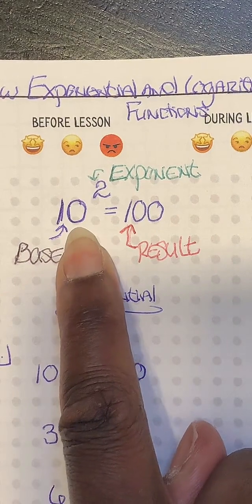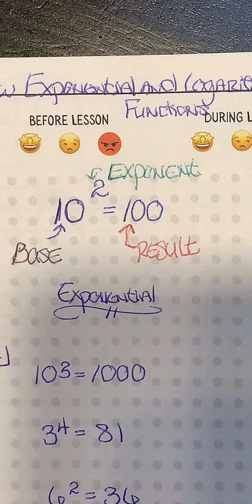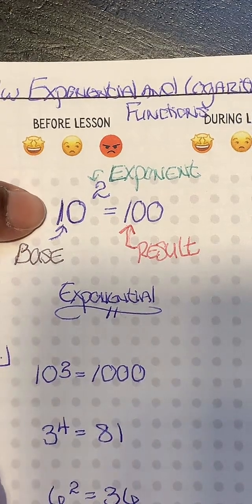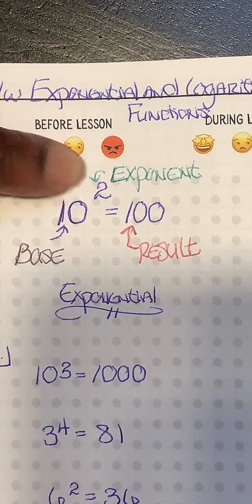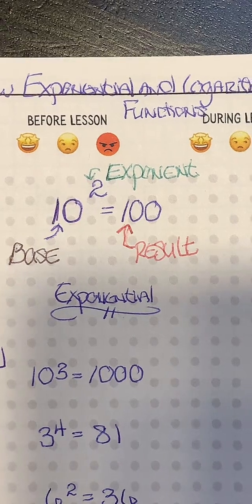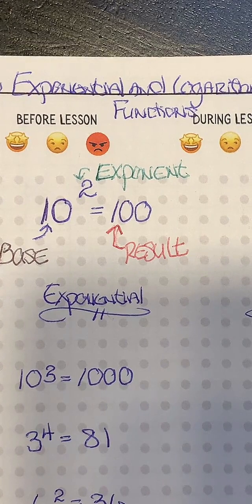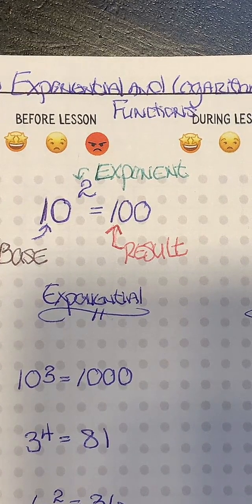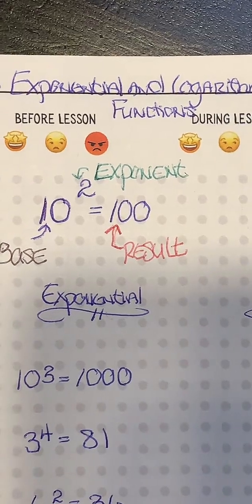If I'm looking at 10 raised to the second power, we get a result of 100. So my base is the 10. The 2 is my exponent. This whole thing, that 10 squared, is your power. Not just the 2, the whole thing. 10 to the second power, that is your power.